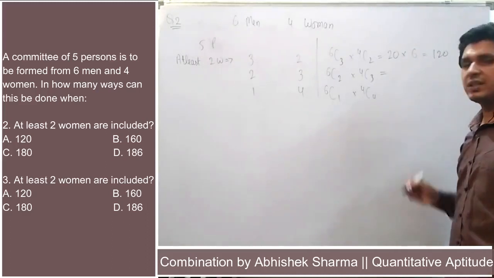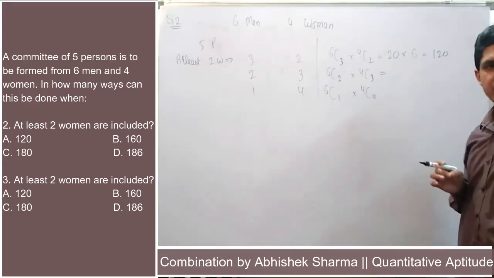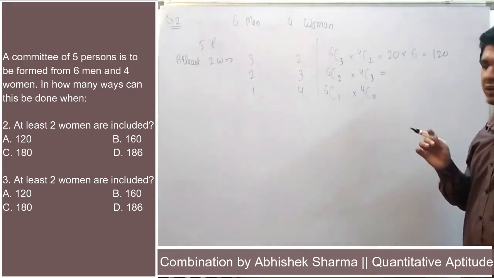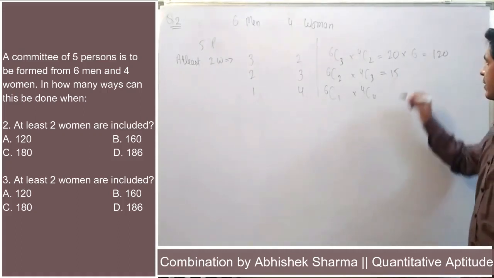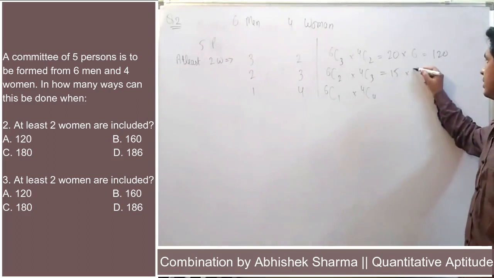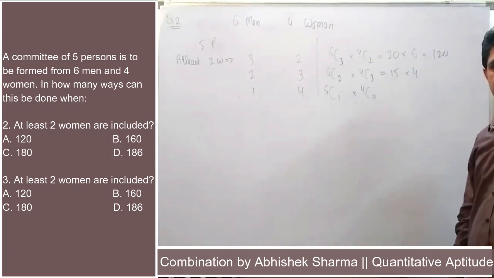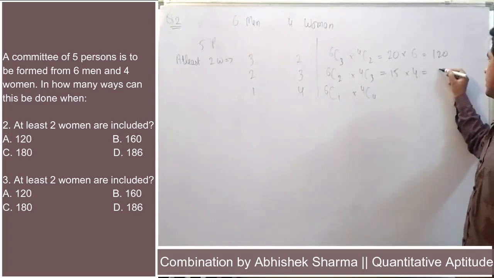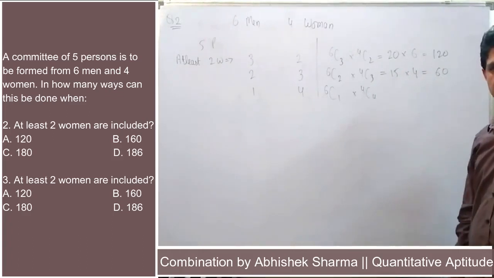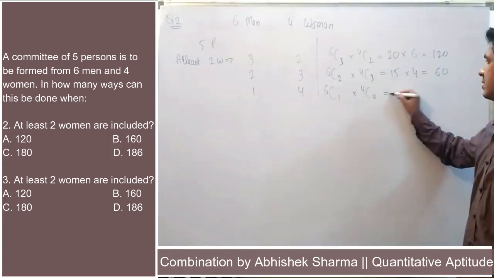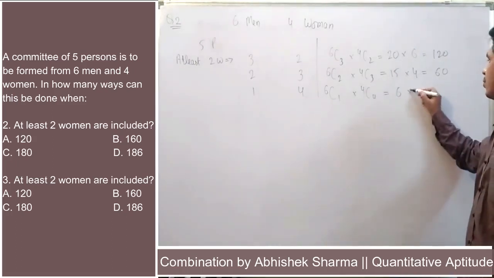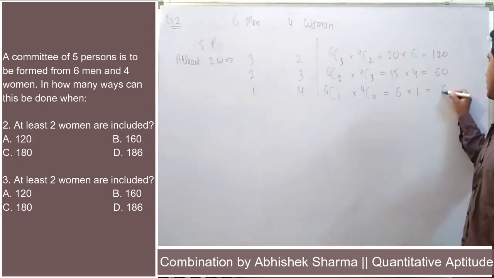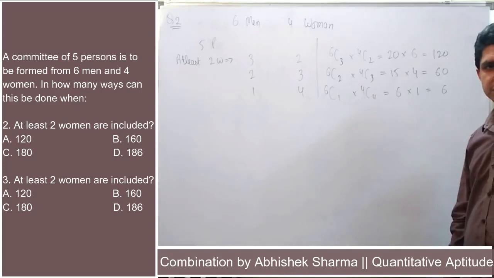Thereafter 6C2, that means 1 by 2 multiplied by 6 multiplied by 5, that means 15, multiplied by 4C3, that means 4, and 15 times 4 is 60, and 6C1, that means 6, and 4C4, that means 1. So here we will get 6.